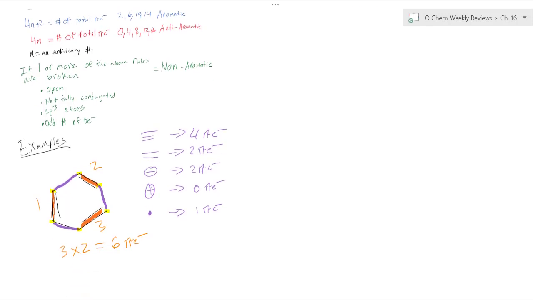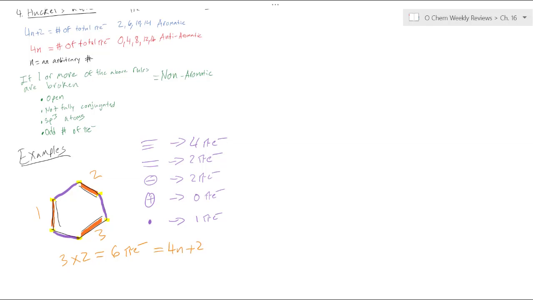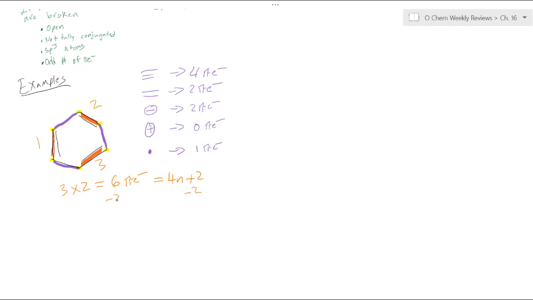So instead of just memorizing the numbers, if it's aromatic or anti-aromatic, you can use the equation 4n plus 2 to identify if it's aromatic or anti-aromatic. So 6 pi is equal to 4n plus 2. Subtract 2, you're left with 4 pi electrons equals 4n, divided by 4, divided by 4, pi electrons equals n.